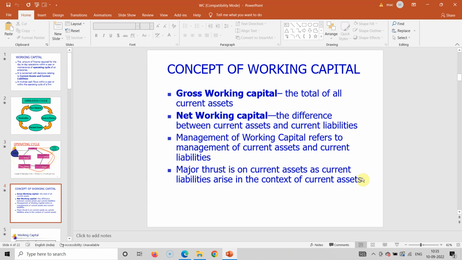We have bought current assets out of current liabilities, maybe either as a loan or as investment by the directors. So the major thrust is on current assets, as current liabilities arise out of the current assets only, right? That is receivables.